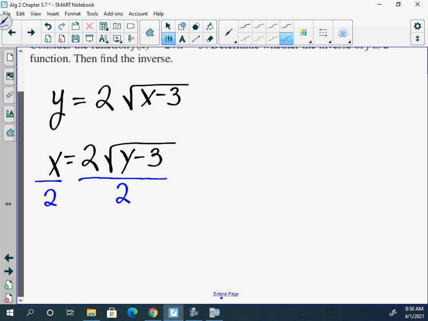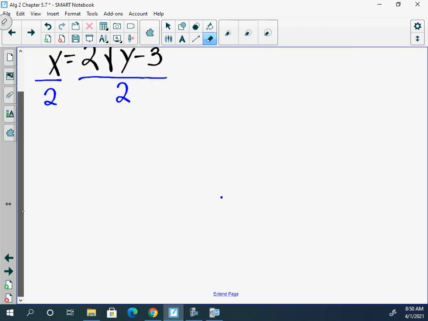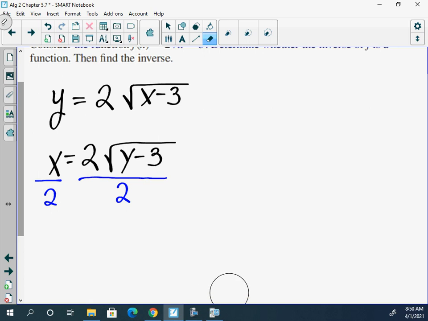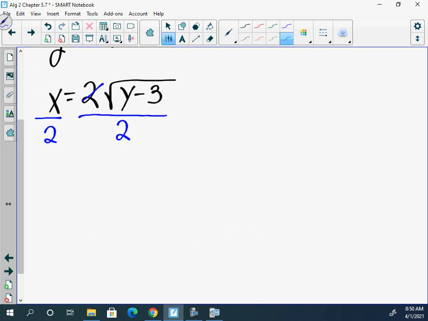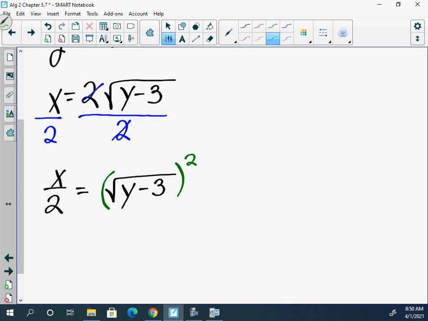Because we want to get the radical by itself first, since it contains the square root. So it'll be good to get it by itself, having these cancel. So we'd have x over 2 is equal to the square root of y minus 3. Now what would we do? We put both sides to the second power.